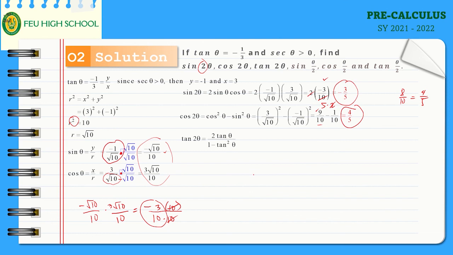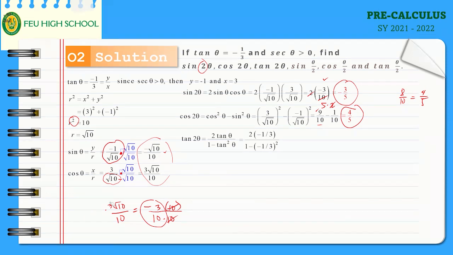Okay, and then we proceed to our double angle identity of our tangent function. So we can write it as 2 times the tangent theta all over 1 minus the square of tangent theta. So, substitute lang natin. Pero hindi yata natin nasulat dito. So, okay.